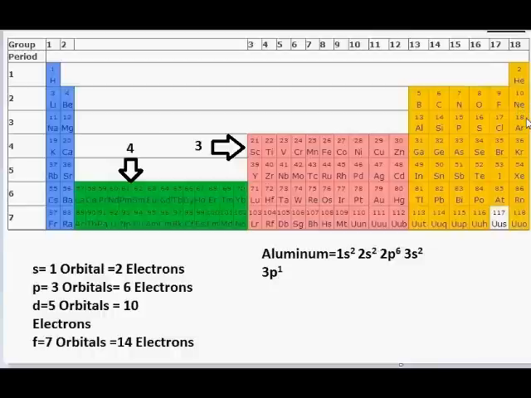So I'll take neon and then go from there. I'll write neon in brackets, 3s2, and then 3p1. So it'll look like this. Really simple, right? And that just about concludes electron configuration.